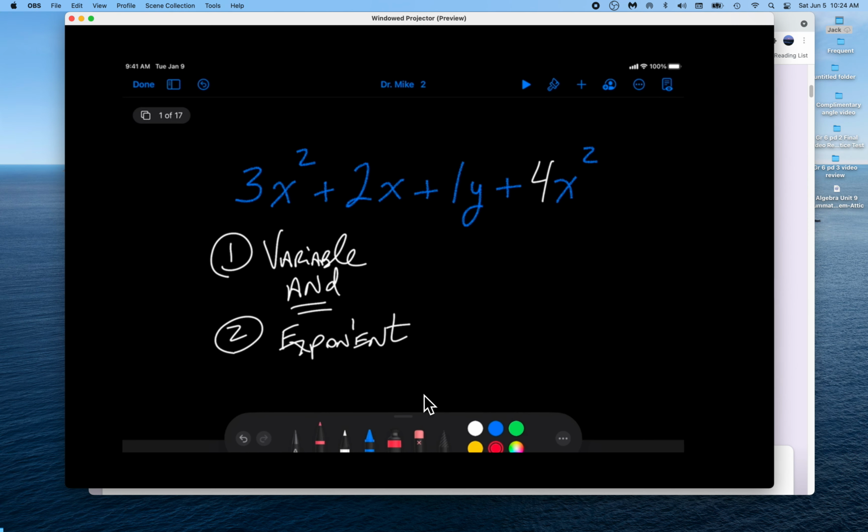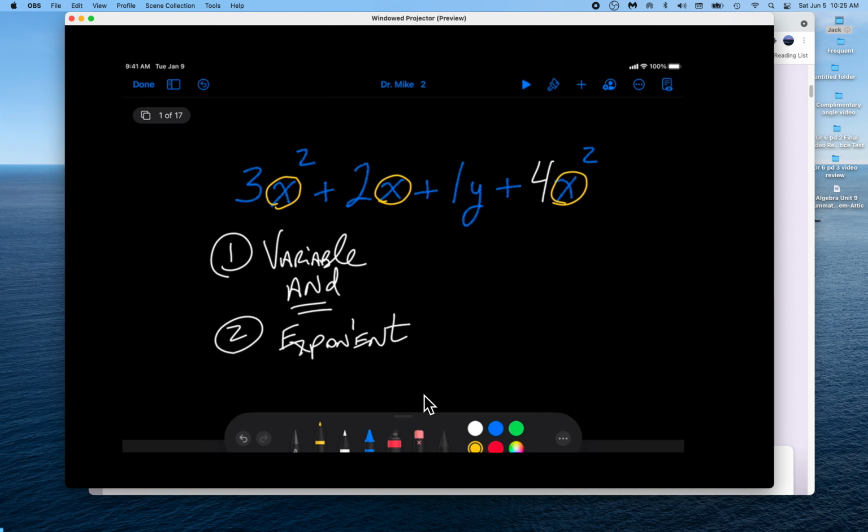So let's look at the ones listed here. What are our variables? Well, for now, we ignore the coefficients, by the way. They do not play a role in determining whether we have like terms. So let's ignore those, and let's focus on the variables. This variable is x. This variable is x.